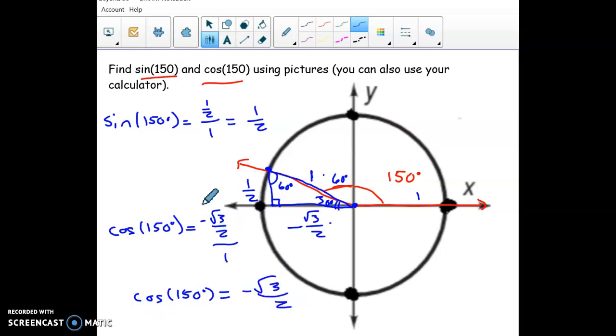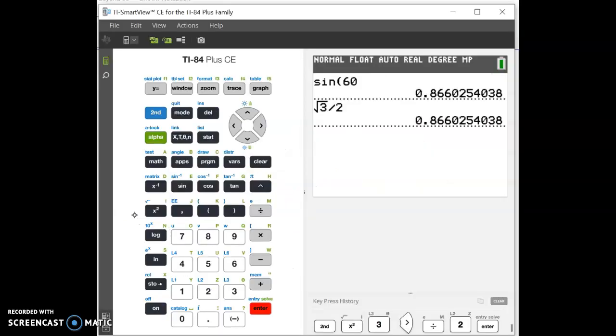Okay, and again, because Mr. Westphal gets a little freaked out about this, I'm going to try my calculator here. So I'm going to do sine of 150 and see if I actually get 1/2 like we did in our example. Okay, and now I'm going to try cosine of 150.